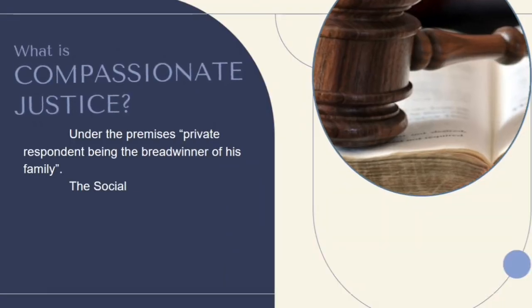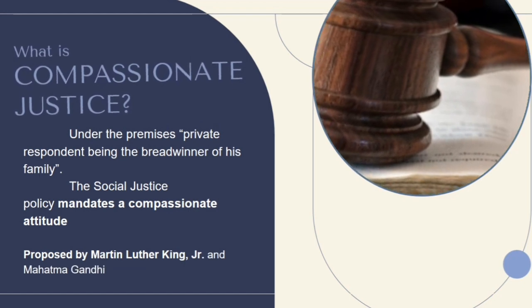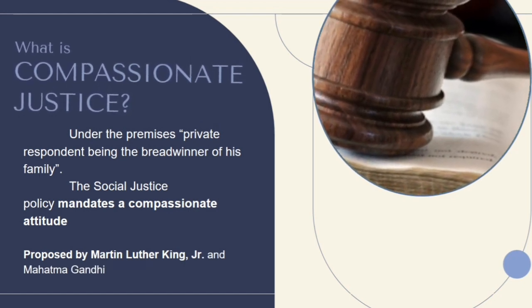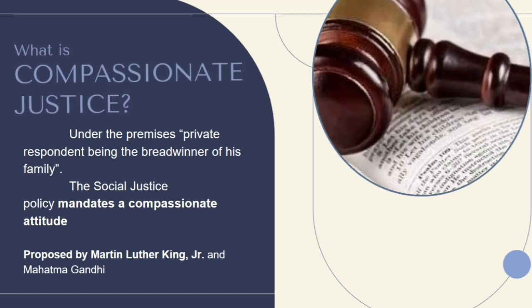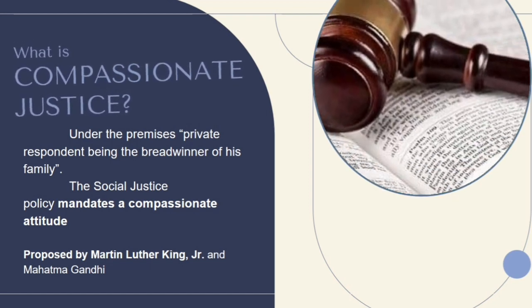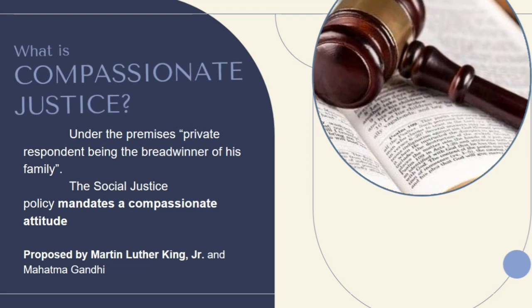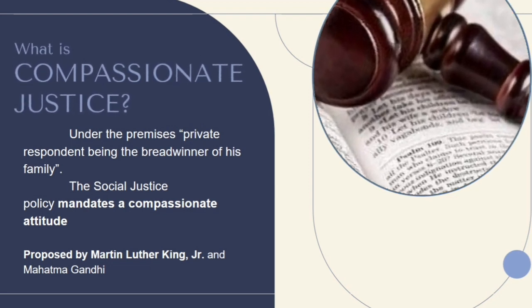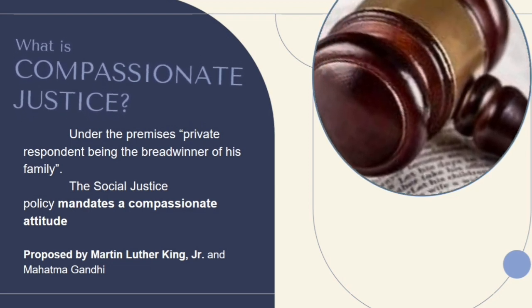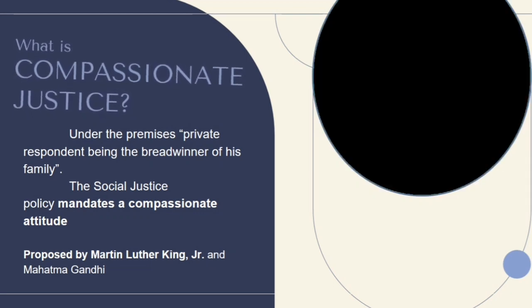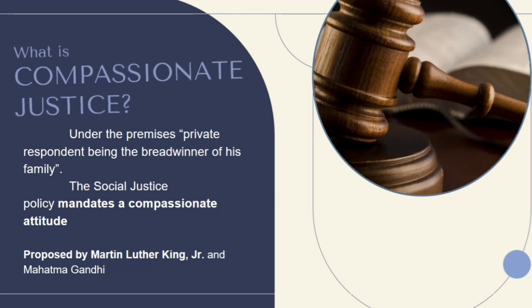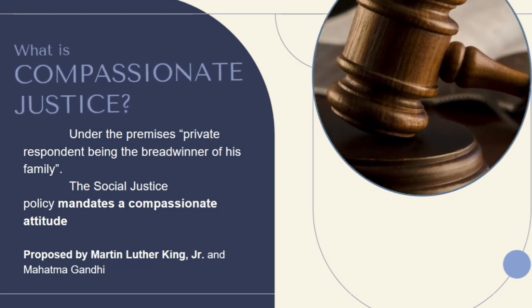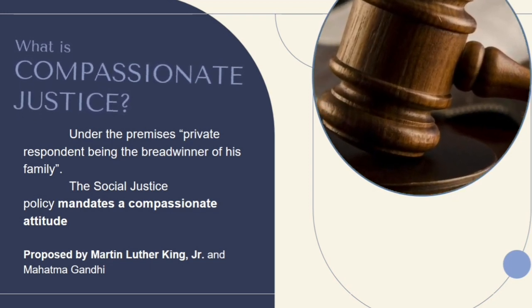So what is this concept or the doctrine of compassionate justice? This is actually applicable under the premises that private respondent being the breadwinner of his family. As such, the social justice policy mandates a compassionate attitude towards the working class in its relation to the management.